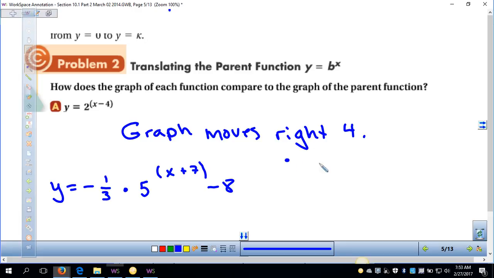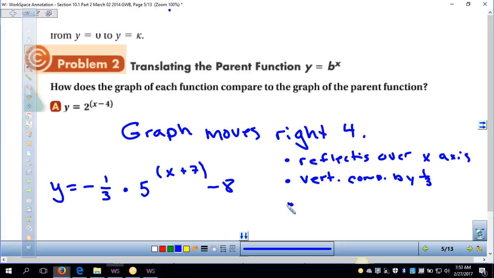What's the first thing you see? With the negative? Yep, so that's a reflection over the x-axis. Tommy, what does the 1/3 do? Less steep. So a vertical compression by 1/3.